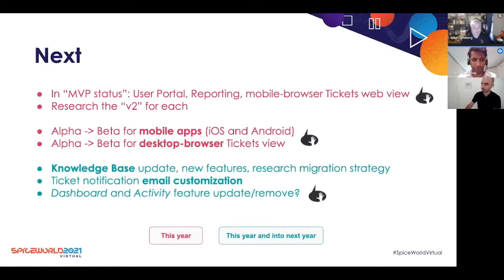This year we were primarily focusing on user portal reporting, mobile browser ticket web view. We've been researching the V2 for each as well. So we have the alpha for the mobile apps as well as for the desktop browser ticket view, and you'll soon have the beta version for the mobile as well as the desktop browser ticket view, as we explained through the snippets earlier.